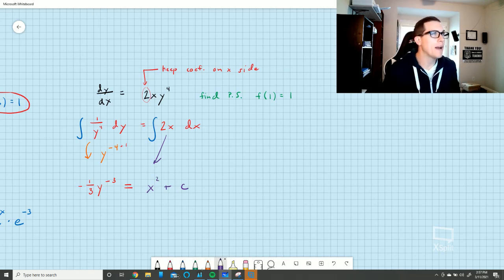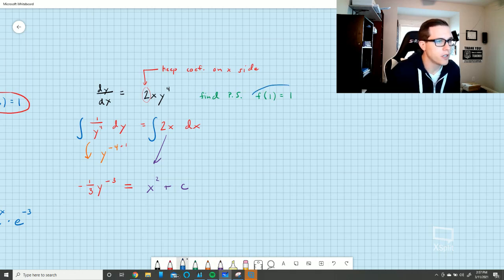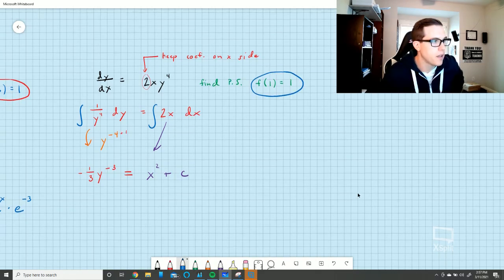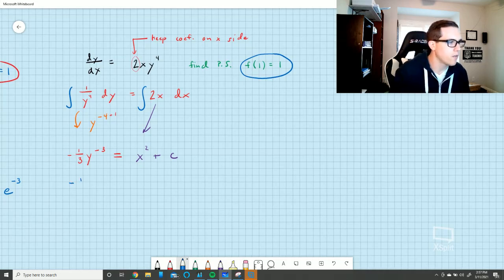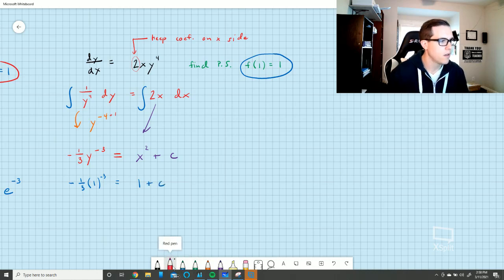Now, you could get y by itself here. I would not. I would, like I said earlier, use the initial condition now. So let's plug this initial condition in and solve for c. So negative 1/3 1 to the negative 3 equals 1 plus c. 1 to the negative 3, well, 1 to any power is 1.